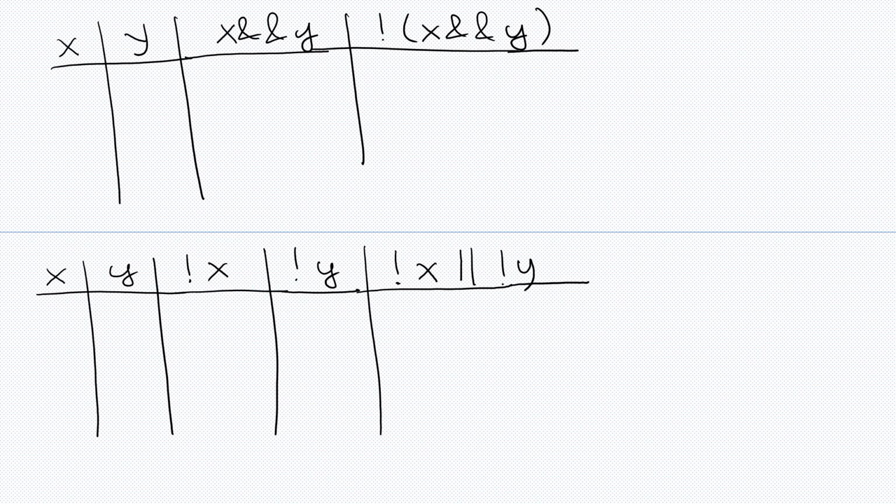This is going to be 0, 0, 0, 1, 1, 0, and 1, 1. And on this lower table, it's also 0, 0, 0, 1, 1, 0, and 1, 1.